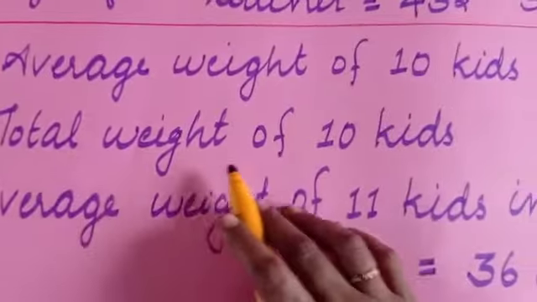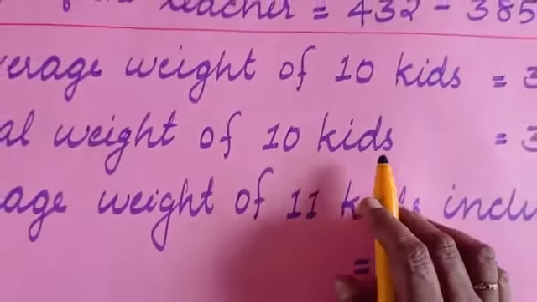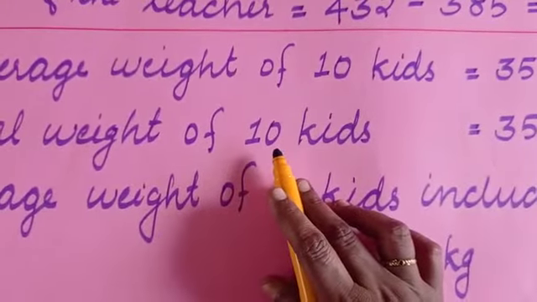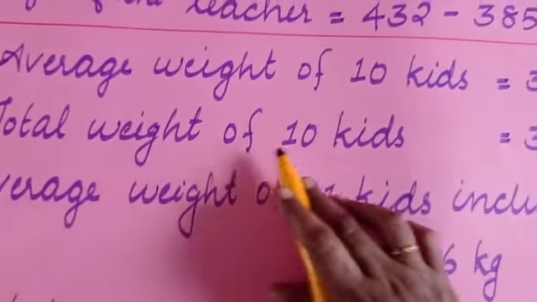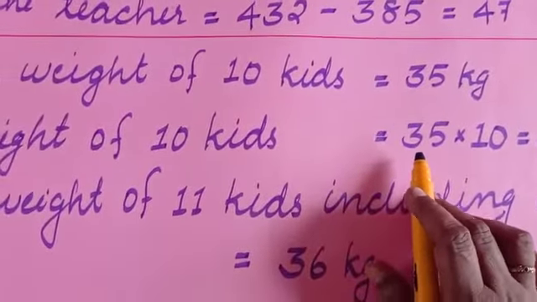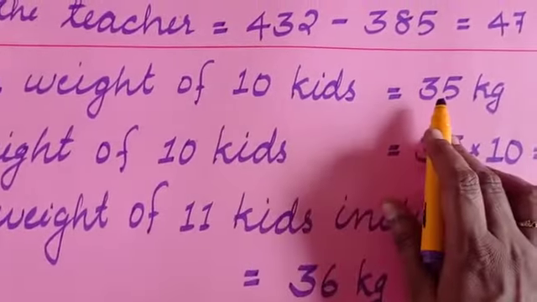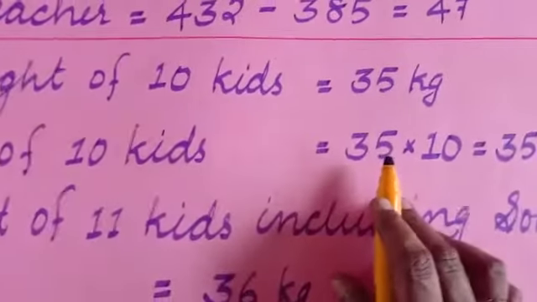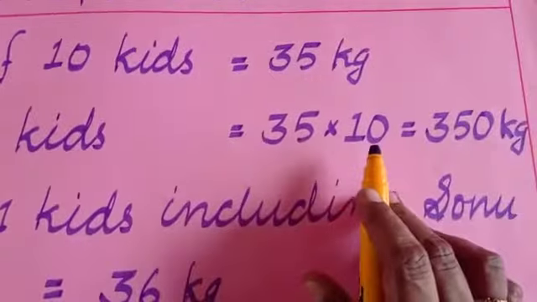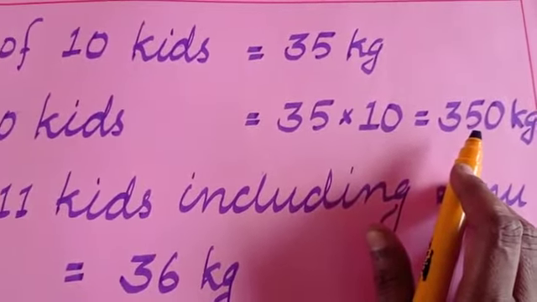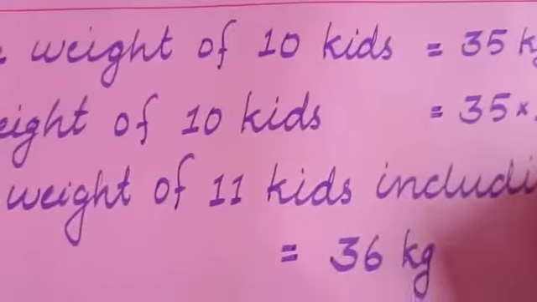Average is known and number of kids is 10. Then total weight of 10 kids can be calculated by multiplying the average and the number of kids. That is 35 into 10 is equal to 350 kilogram. That is the total weight of the 10 kids.